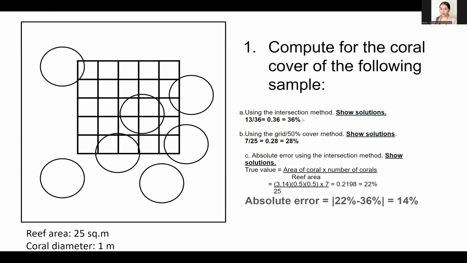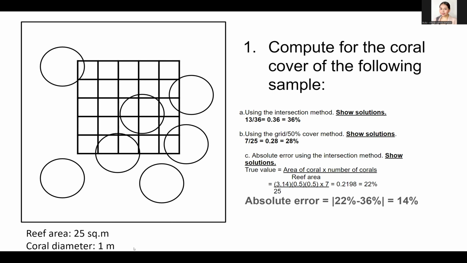So the intersection method gives us the approximation of 36%. In order for us to get the absolute error, we need to have the true value.